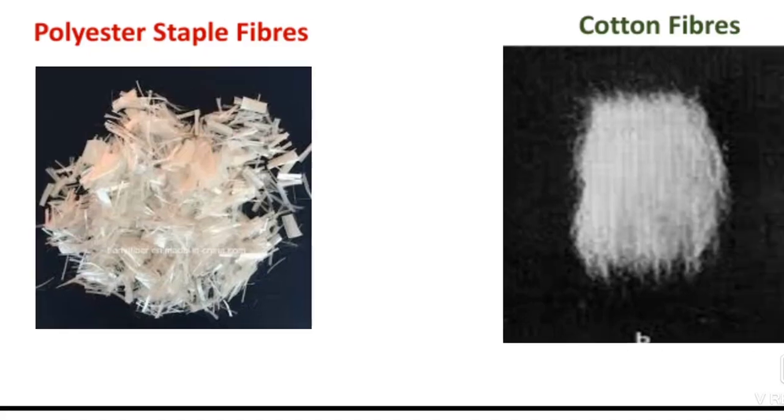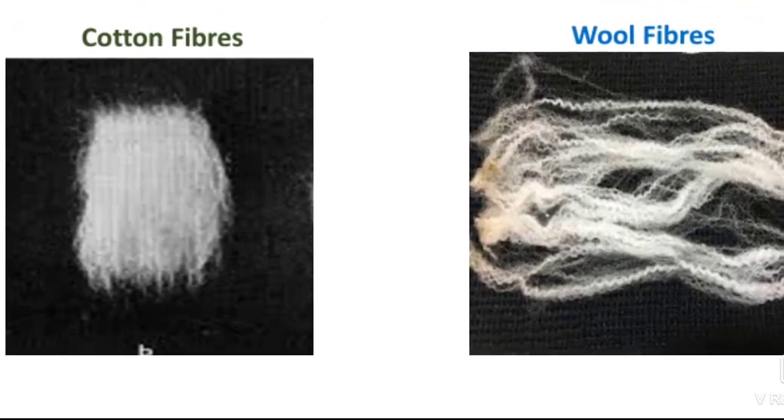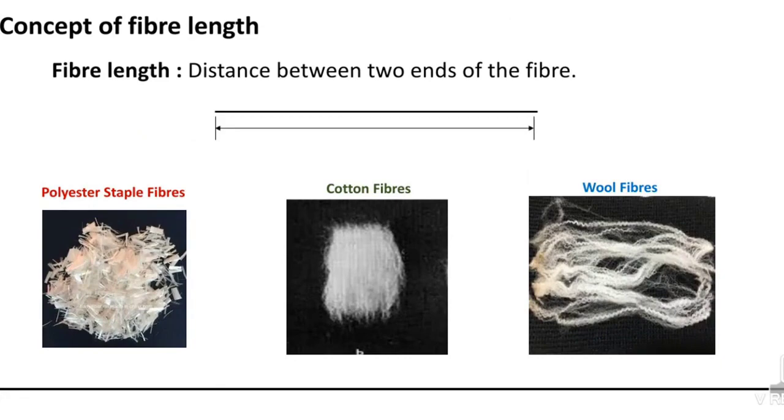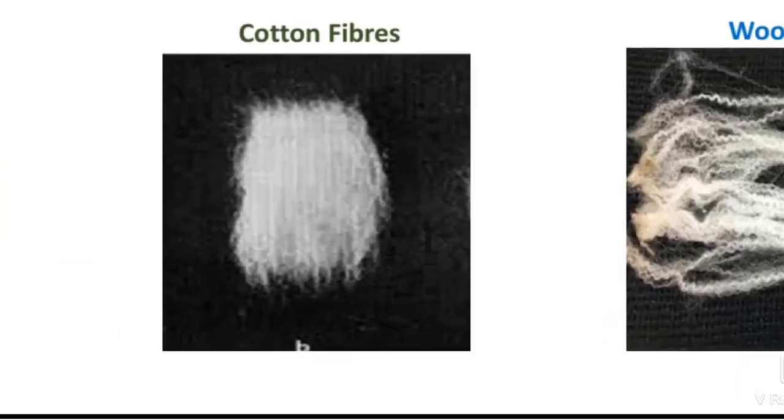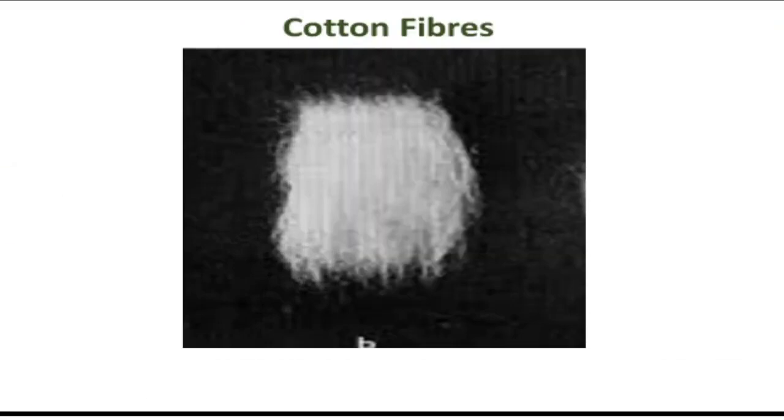When it comes to cotton or wool fiber, both of these fibers are natural fibers. We have to accept variation. These two fibers contain a lot of variation. Even if you collect fibers from a single seed of cotton, you will get variation. You will find variation in the length of the fiber.